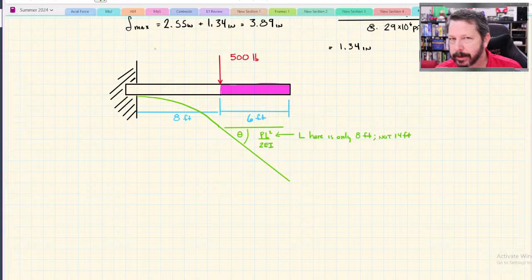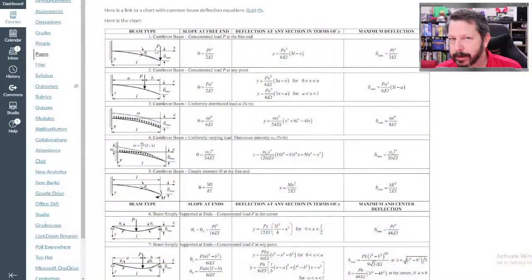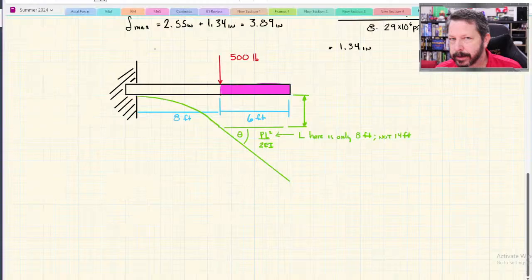Okay, this distance is the deflection underneath the point load, not at the end of the beam. So that's actually the equation we just used, PL cubed over 3EI. Same thing here with L though.